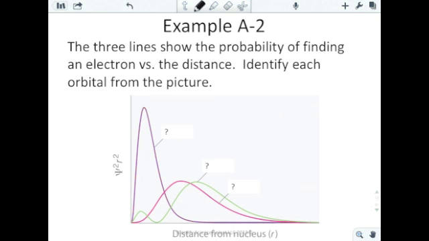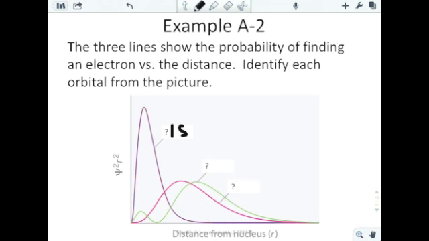Looking at our next example, A2, it says these 3 lines show the probability of finding electrons versus the distance. Identify each orbital in the picture. The distance is really close, so this is going to be our 1s, because it's really close and there's a really high probability of finding an electron. We can see this green one right here, it's really close as well, and there's a decent chance.